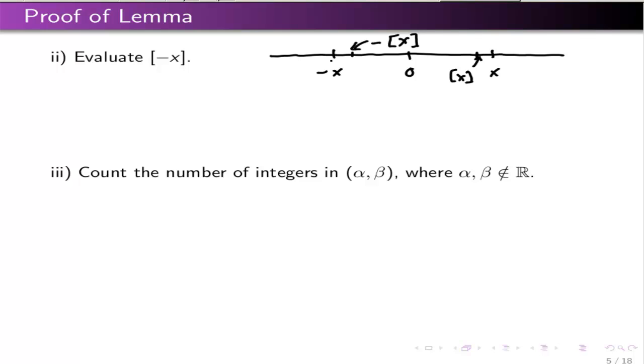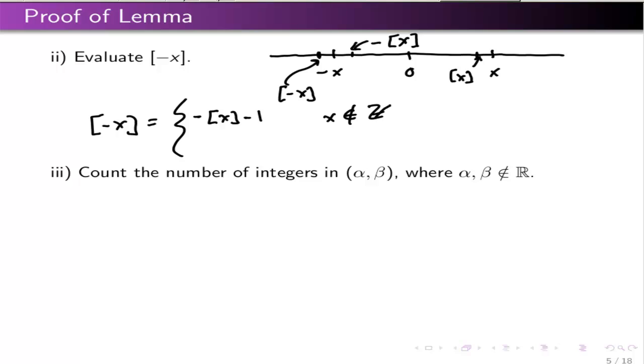Well, [-x] is the integer less than or equal. It's sitting right there. And so we come up with the formula that [-x], in general, you would take -[x], and I'd have to move left 1 unit to get to it, unless x happens to be an integer. And if x is an integer, this would just come out to be equality.